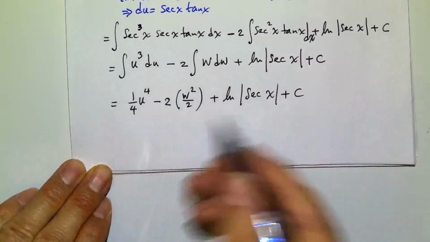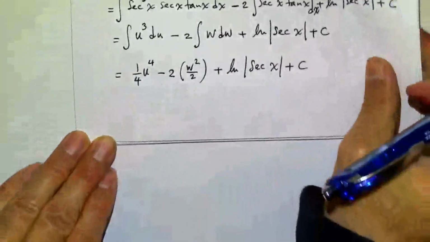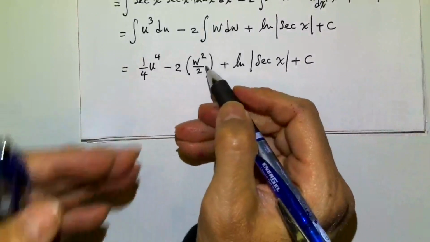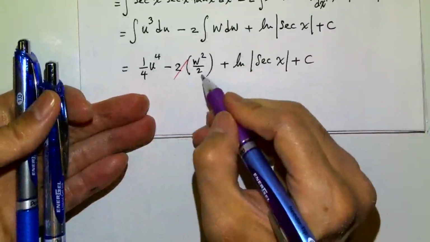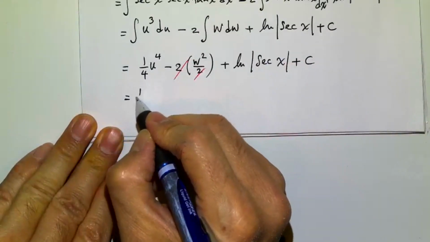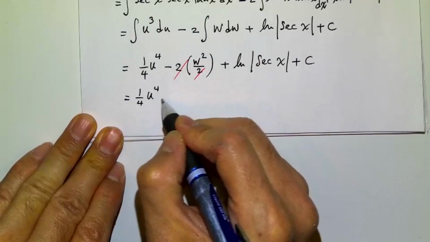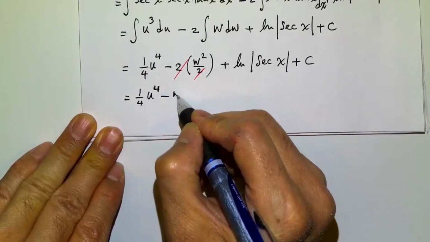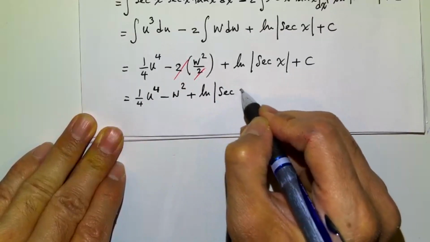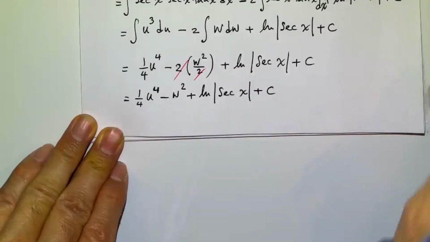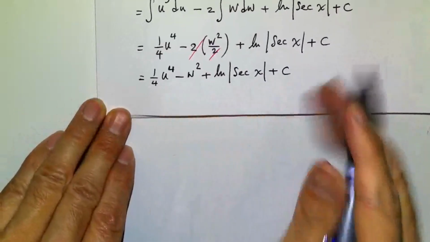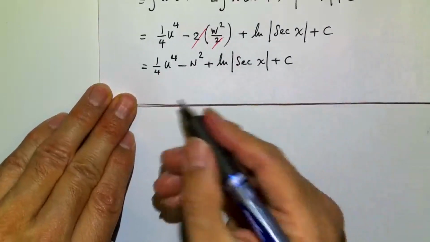Okay, now I want to simplify this, so this 2 and this 2 cancel out, and we get 1 over 4 u to the 4 minus w squared plus natural log of secant x plus c. And then, of course, we replace back for u and w with the original functions.